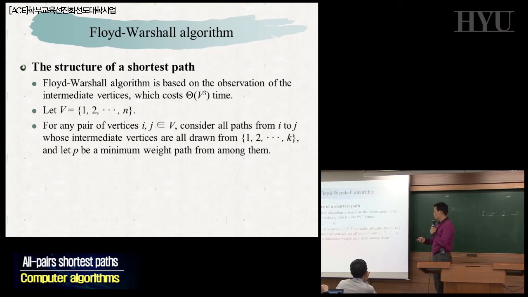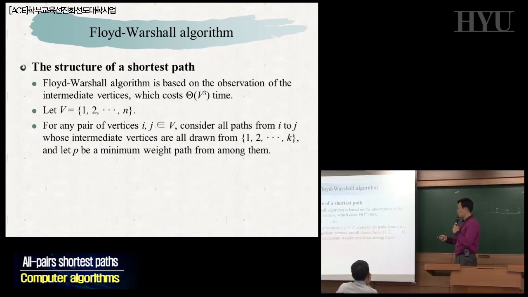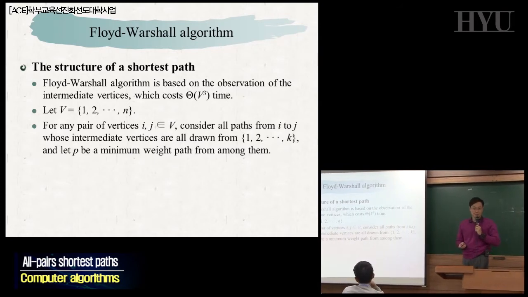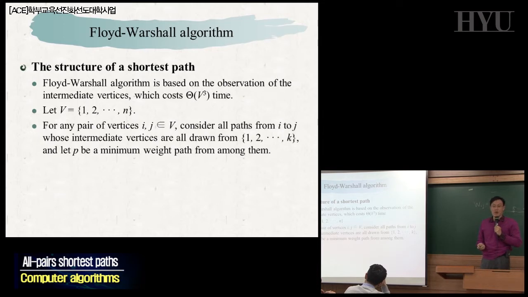Then, for any pair of vertices i, j, consider all paths from i to j whose intermediate vertices are all drawn from 1 to k, and let P be the minimum weight path from among them.